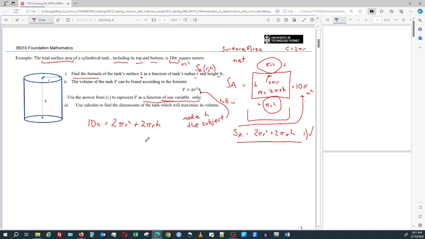All right. So what can we do here? There's a pi and a 2 in every term. Oh, so algebraically, we can divide by 2 pi. So let's do that. So we get 10 pi. Well, that was interesting.